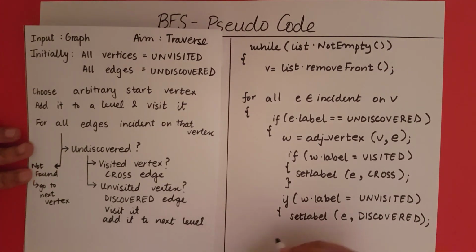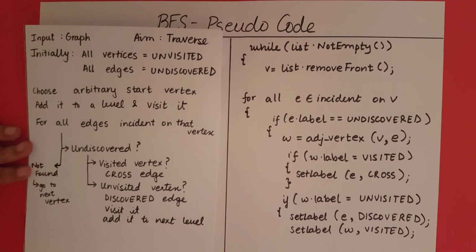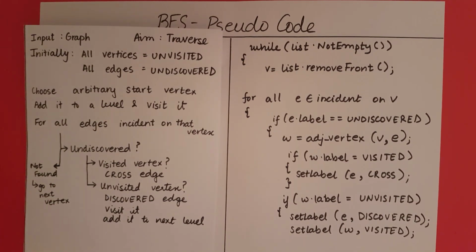We visit that node and then we add it to the next level. So now the question arises, how are we going to add to the next level? What I am going to do is, I am going to add W to the end of the list.